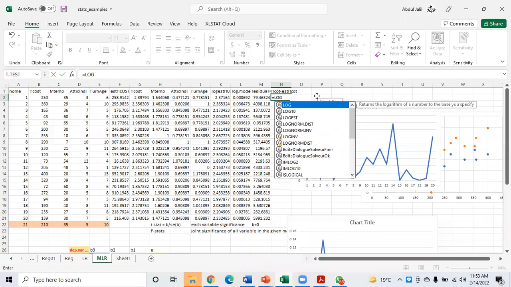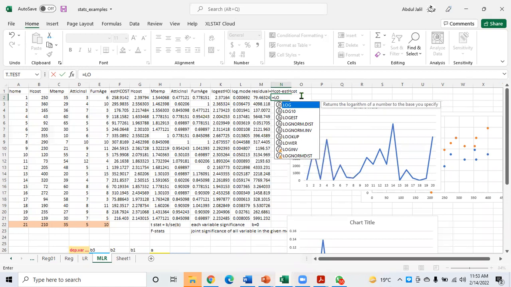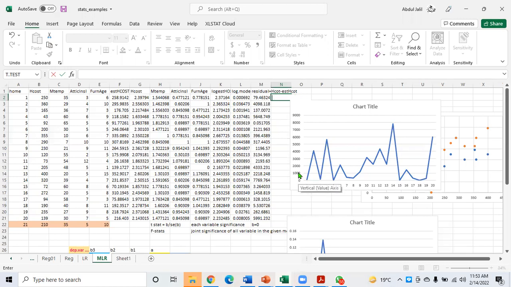Log normal distribution, so it's not giving us the anti-log. So try to find out what is the way through which we can convert this to anti-log. At this point I don't remember exactly, but there is some way through which we can take anti-log. Anyhow, I will try to find out, and then we will do that, right?